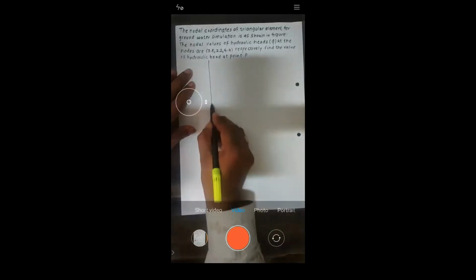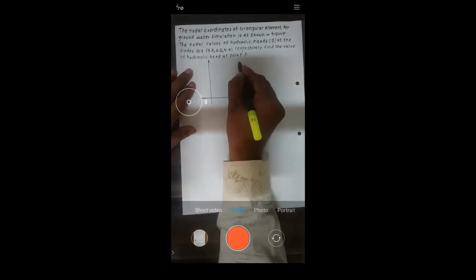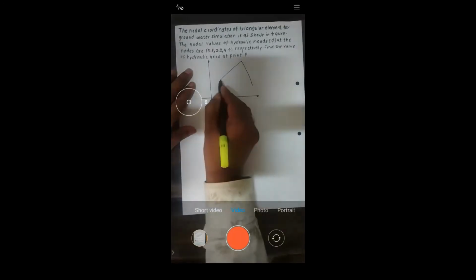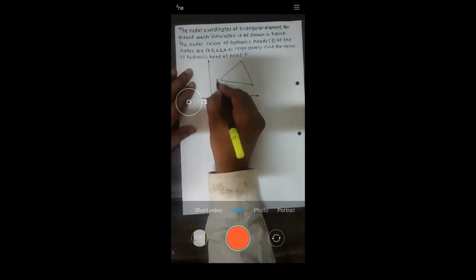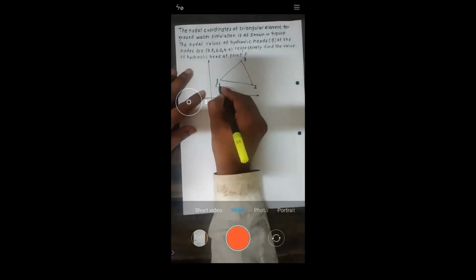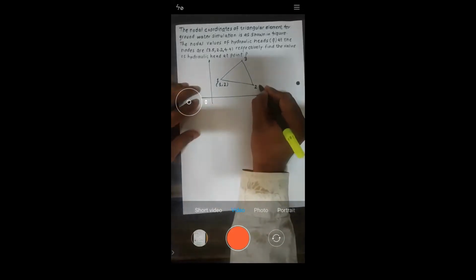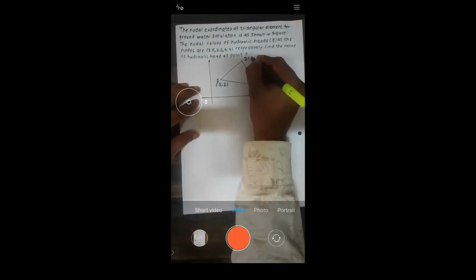Okay, so let's see this diagram. It is given like this. Node number 1, node number 2, node number 3. For node number 1, you have the coordinates as 1, 2. For node number 2, it is 4, 0.5, and for node number 3, it is 3, 4, right?